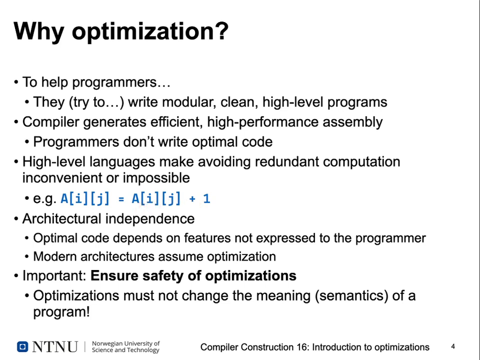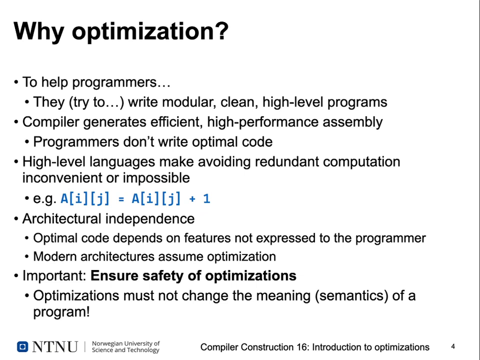If we translated this naively, this would include loading or calculating the address for the row indicated by i, and then for the element in that row indicated by j, dereferencing that memory, then adding 1 to that intermediate value, and then calculating the offsets again, calculating the address again, and then storing it again, which of course can be simplified quite a bit.